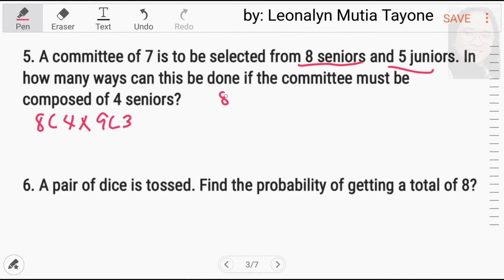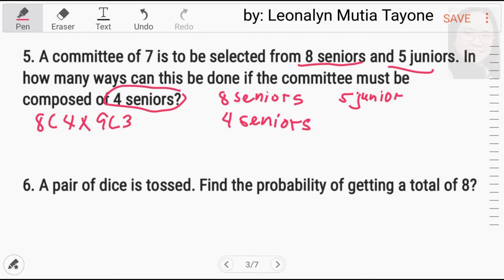Meron tayong 8 seniors, tapos yung isa ay 5 juniors. How many ways can this be done if the committee must compose of 4 seniors? So, kukuha siya dito exactly dito sa 8 seniors natin ng 4 seniors.